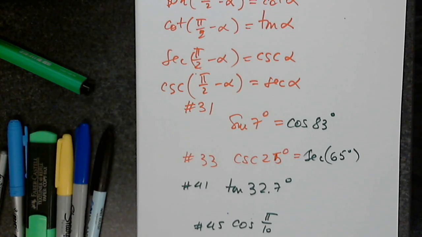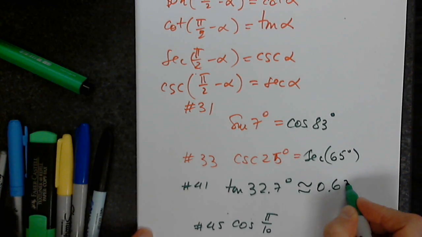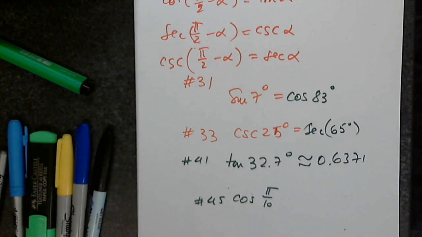So then I go to cosine. No, it wasn't cosine, it was tangent, I'm sorry. Tangent 32.7 and press enter. And I get, it says with 4 decimal places, 0.6371, approximately 0.6371.